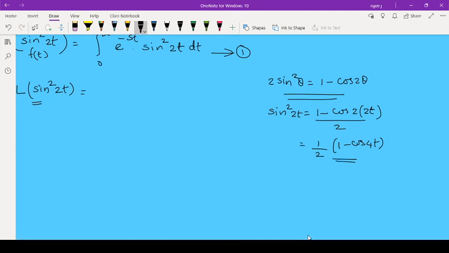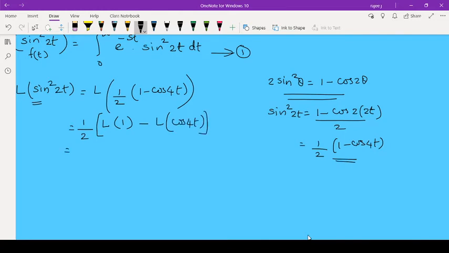So this is L of 1 by 2 into 1 minus cos 4t. This is equal to 1 by 2, a constant, so we take it outside: 1 by 2 into L of 1 minus L of cos 4t, taking the Laplace transform inside.